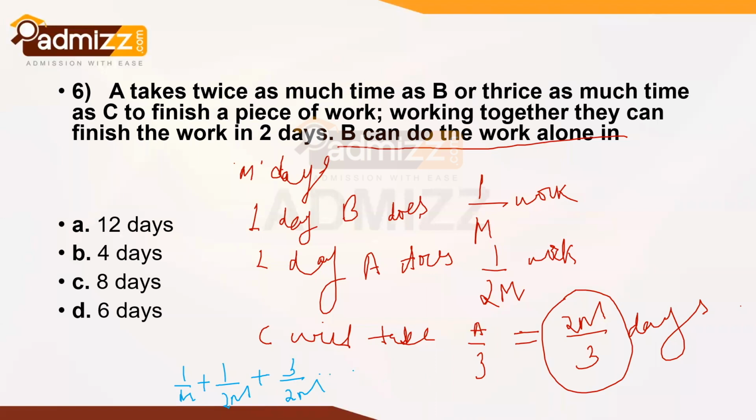So in one day, they'll finish 1 by 2 amount of work. So this sum must be equal to 1 by 2, right? Since they finish the entire work in 2 days, in one day, they must finish half the work. And when we solve this final equation, we get M is equal to 6 days, which is the correct answer in this case, right? So option number D is the correct answer, right? Was this clear to everyone?